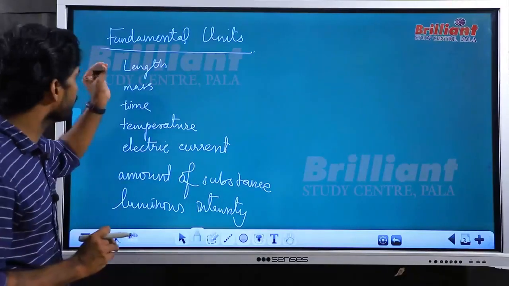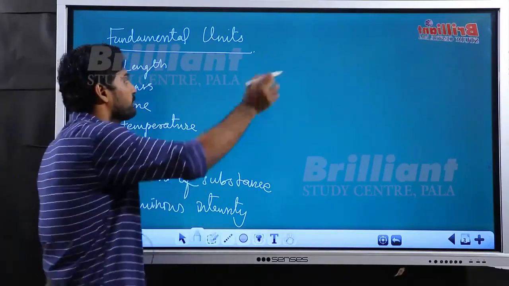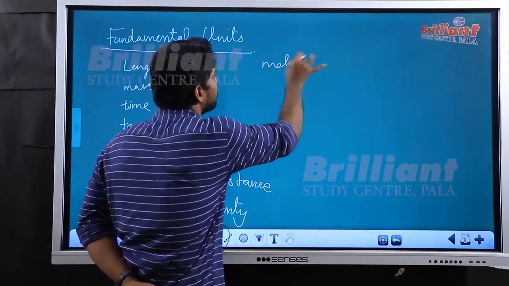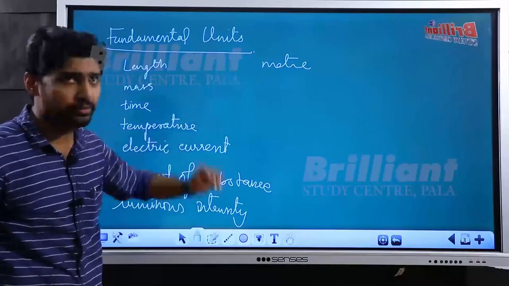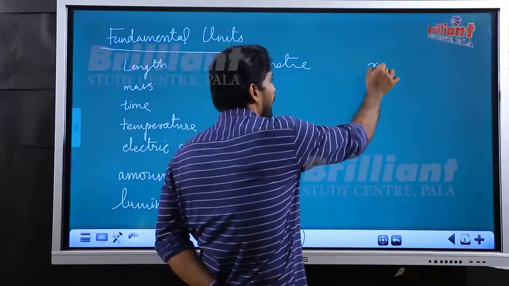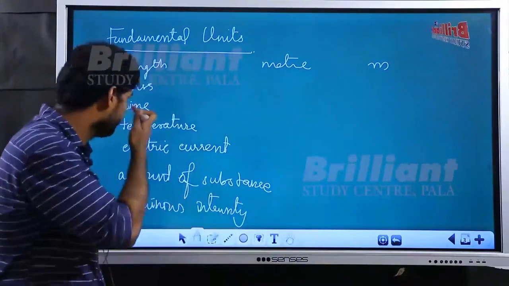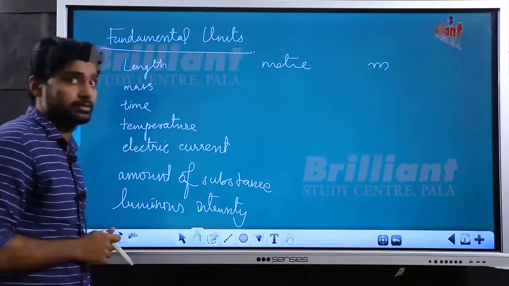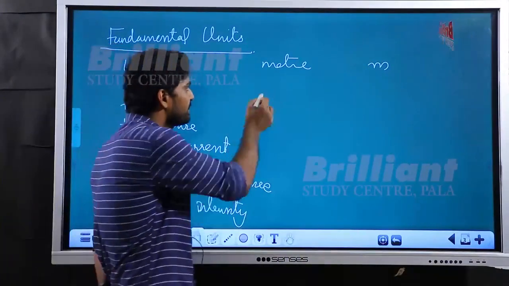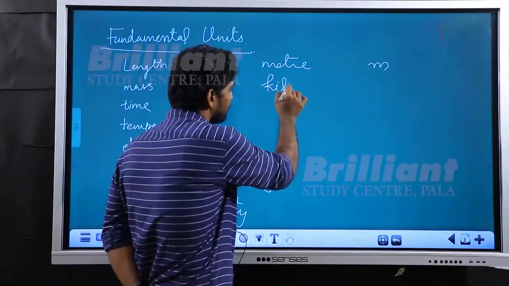For example, the unit of length that we are familiar with is meter. So that's a fundamental unit. Its symbol is m, small letter m. Then the unit of mass, you're all familiar with, is kilogram.